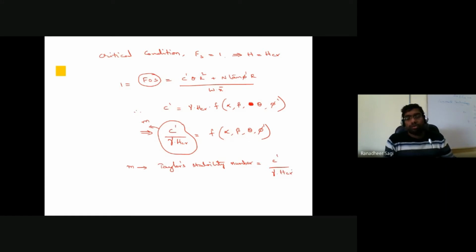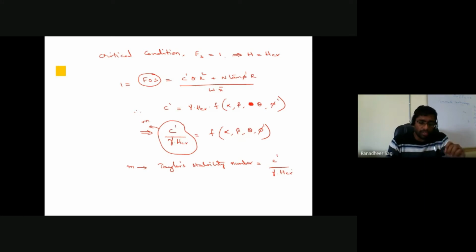Okay, so what Taylor has done is, for different values of phi, for different angles at which the slope of the ground is existing, and for corresponding different factors of safety, he went on to develop different standard charts. So we'll quickly understand what those standard charts are that Taylor has given.